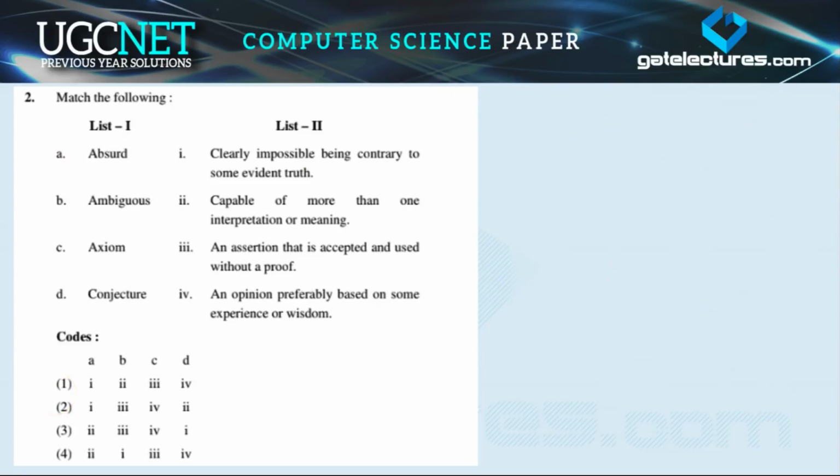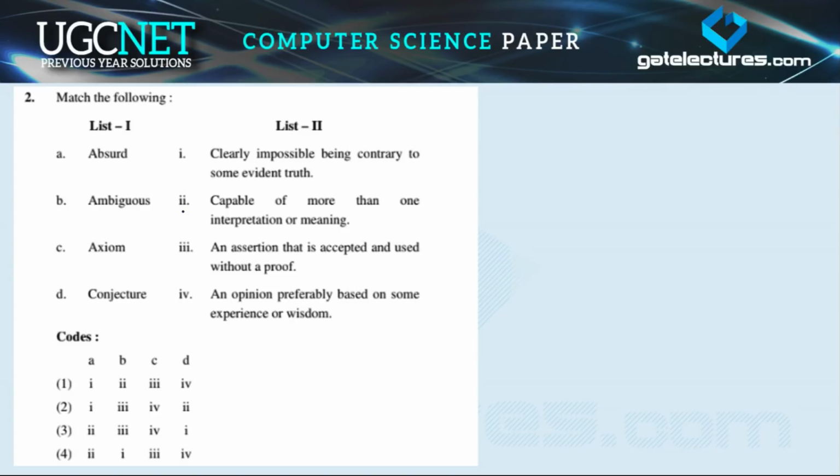Question number 2 is match the following. List 1 and list 2 are here. In list 1 some words are there, and in list 2 the meanings of these words are available, right? This is just a vocabulary type question, so just match with the meanings. Ambiguous means capable of more than one interpretation or meaning.